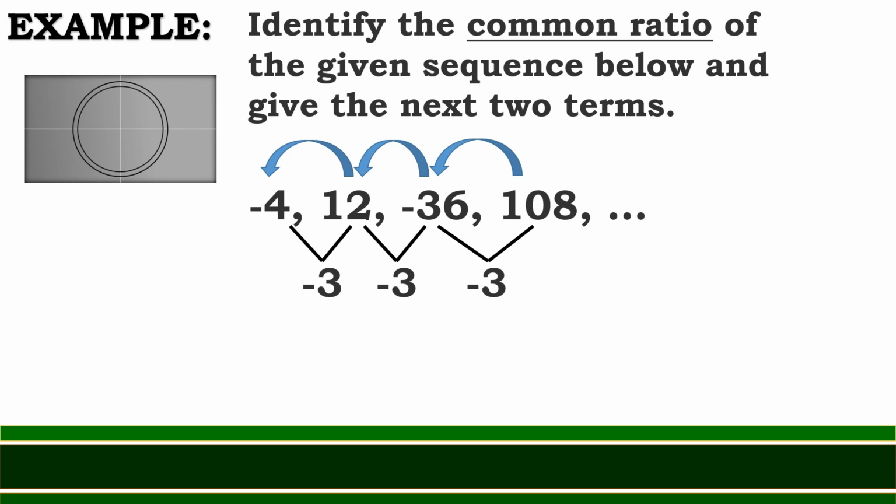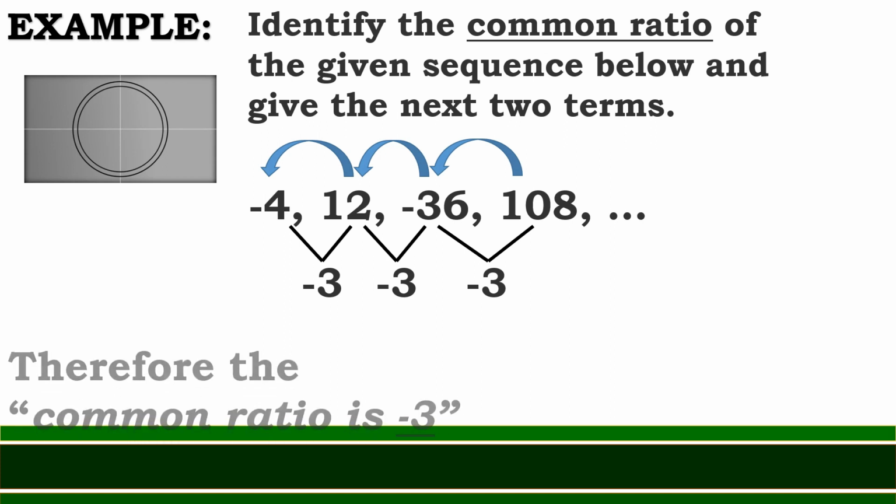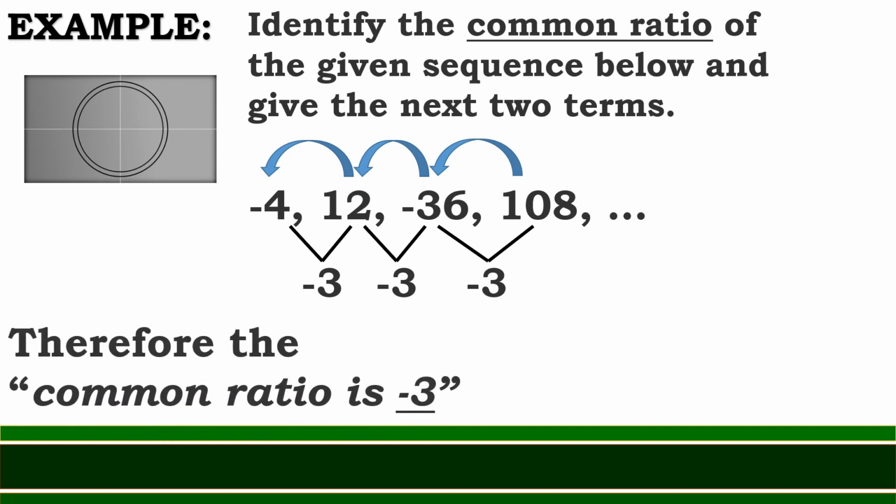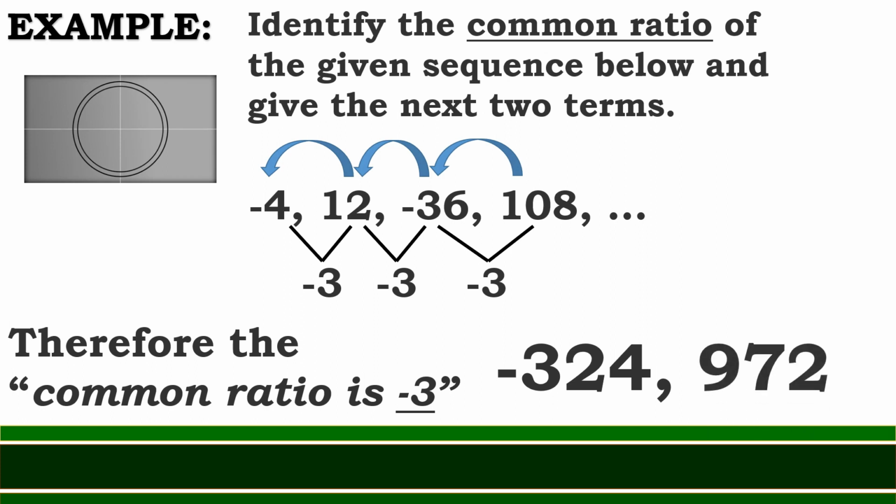Therefore, the common ratio is -3. How about the next two terms? So 108 multiplied by -3 will give you -324. And -324 multiplied by -3 will give you positive 972.